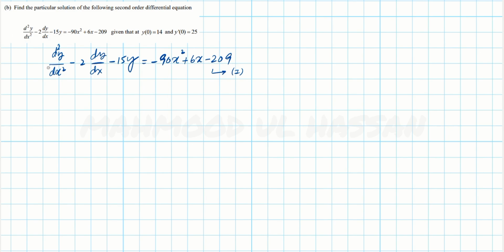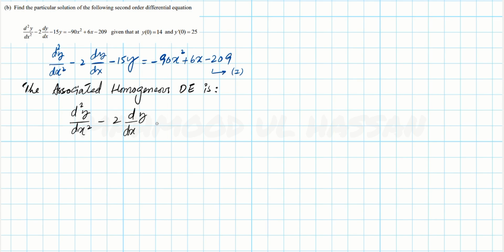The associated homogeneous differential equation is d squared y over dx squared minus 2 dy over dx minus 15y equals 0.